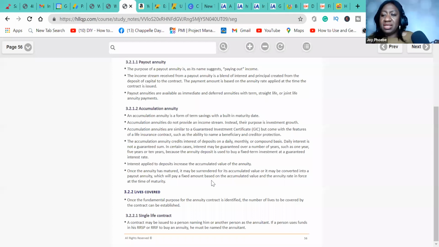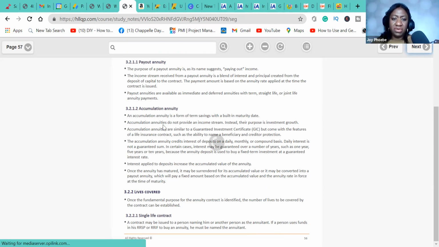Like we have seen, there is a single life annuity and there is a joint life annuity. The single life annuity is the one that has a single life contract. A contract may be issued for a person, naming him or another person as the annuitant. If a person uses funds in his RRSP or RRIF to buy an annuity, he has to be named the annuitant.